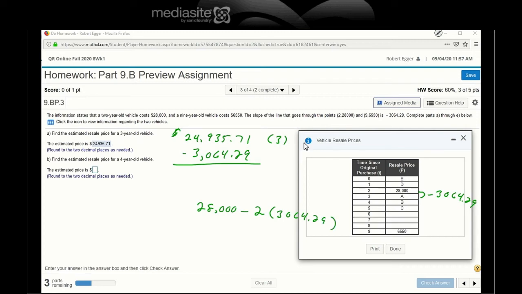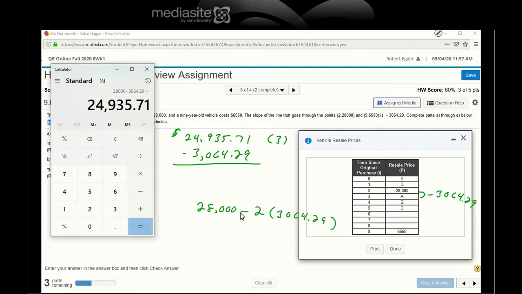Either one gives the same answer. So it's that one, and let's subtract 3,064.29 for 21,871.42.